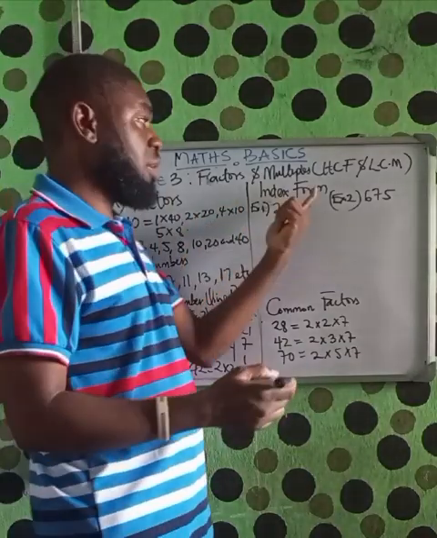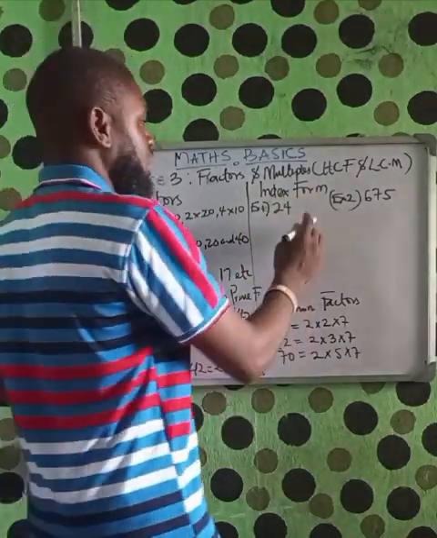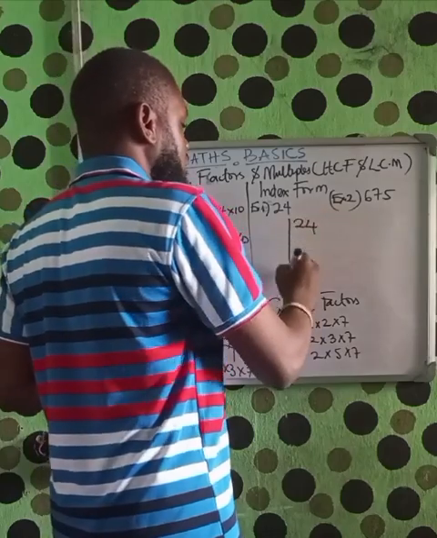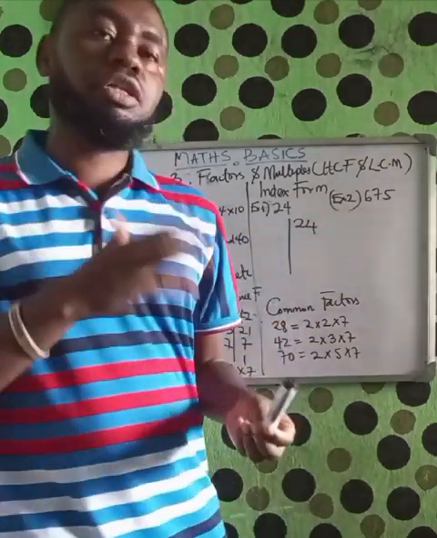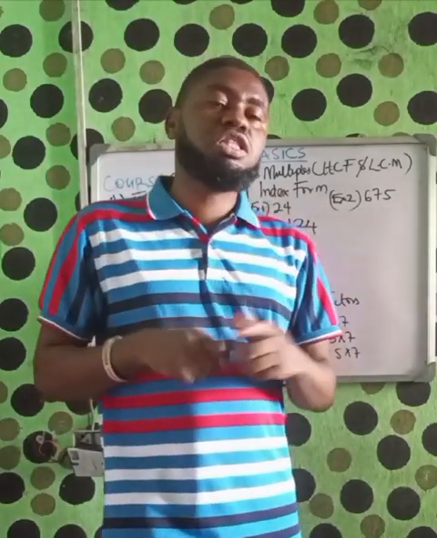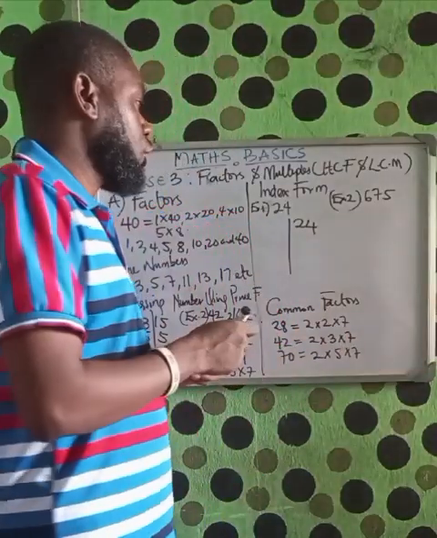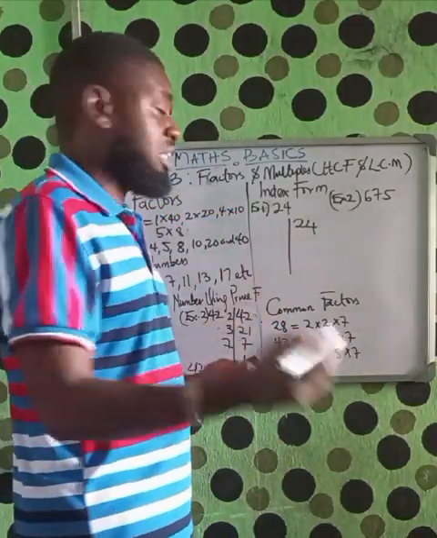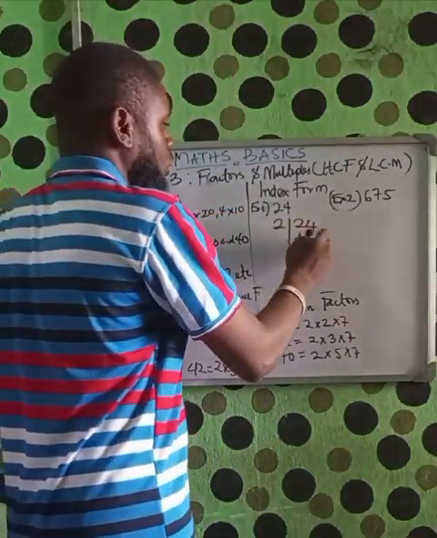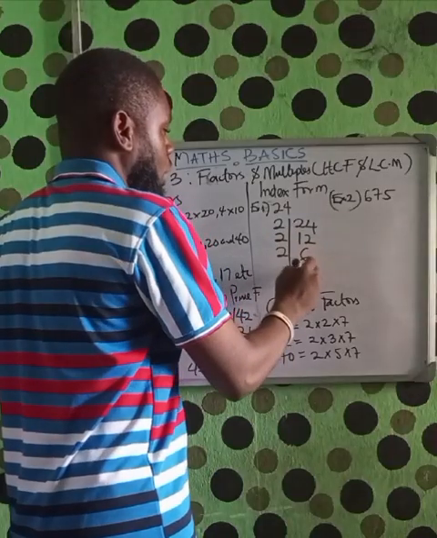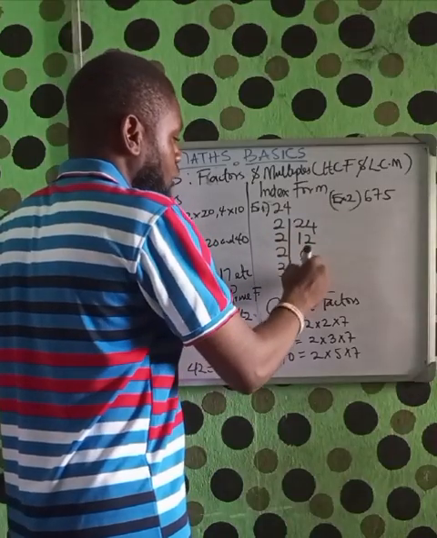Now, let's express them in index form. Why we use index form is because most times the prime factors are repeated constantly. So we use index form to make it a bit shorter and simplified. So I have 2 here, we'll have 12, 2 here, we'll have 6, 2 here, we'll have 3, 3 here, we'll have 1.